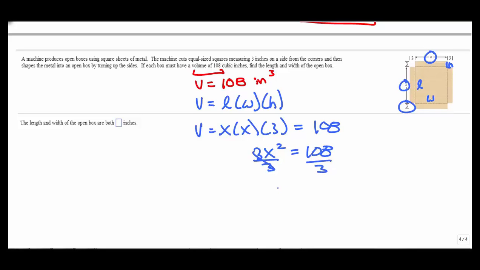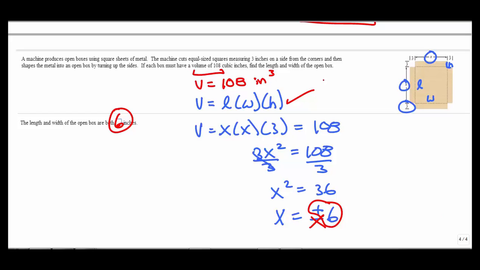So I have x squared equal, 36 times 3 is 108. So 108 divided by 3 is 36. And I have x equal plus or minus 6. But a length of a box that's negative doesn't make sense, so we throw out the negative and I keep my 6. The length and the width of the open box are both 6 inches. So the diagram really helps in this case, but you do need to know the formula, the volume of a box, length times width times height, in order to solve.